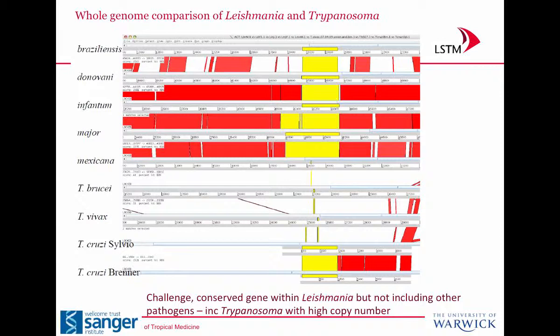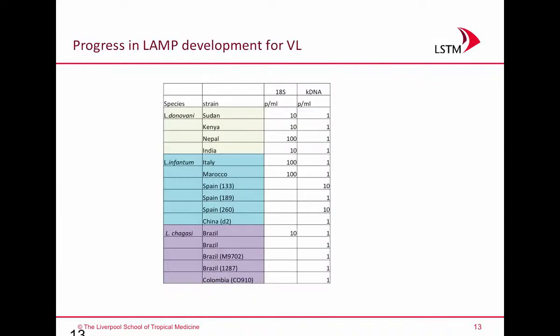Here you can see, other people in the audience will be much better able to analyse this than I would, areas where we have agreement between the leishmania and not the trypanosoma. So we went through a huge number of target identification, and we only found very few that had a high copy number. That's really been our challenge. But we have done that.